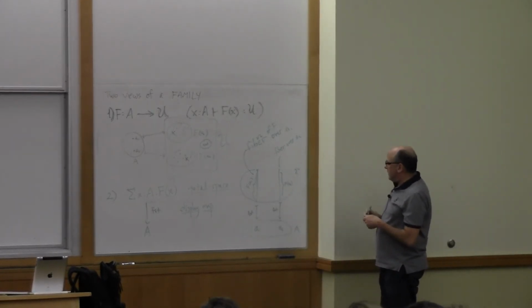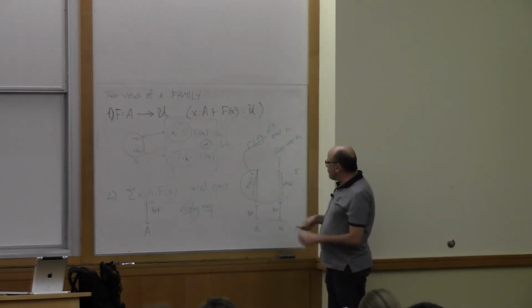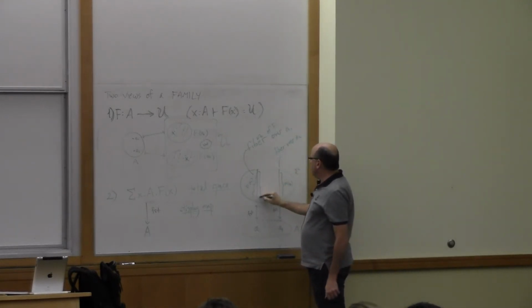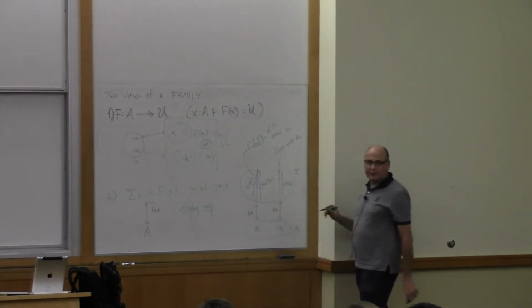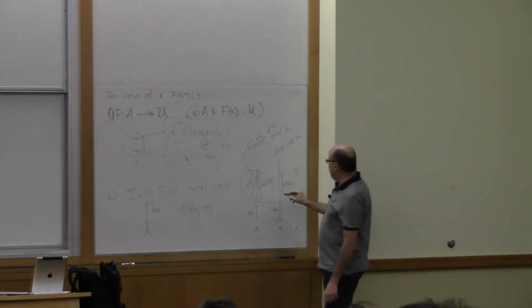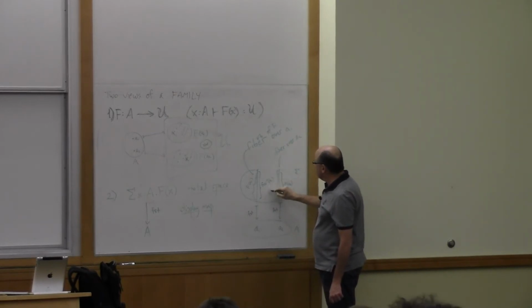Another way to think about it is that this line is the pre-image. This is something like fst inverse of A1, whatever I mean by that, and I'm going to say in a little while what I mean by that. And this can be thought of as the pre-image of A2.